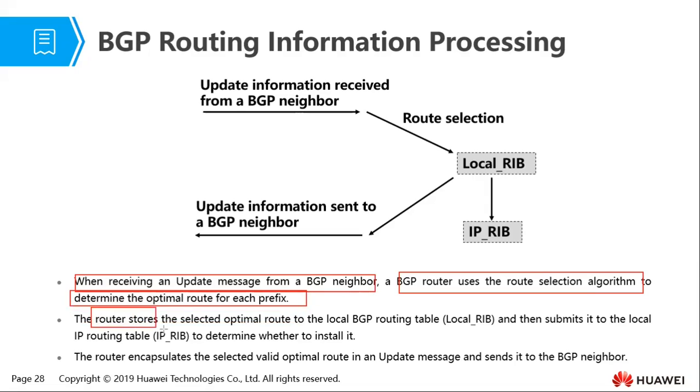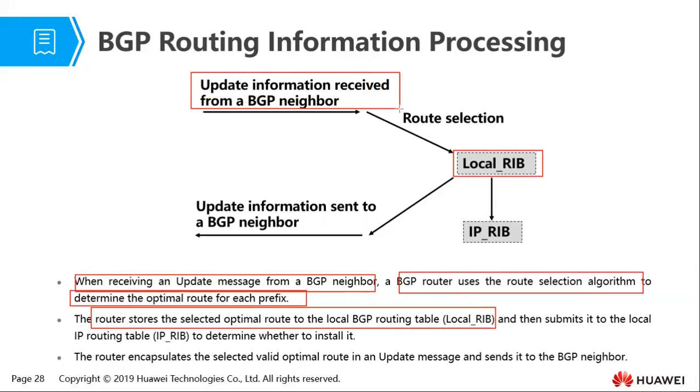Then the router stores the selected optimal route in the local BGP routing table, known as the local routing information base, local RIB. So update information is received from a BGP neighbor, then the optimal route is found and installed in the local RIB, then submitted to the local IP routing table, IP RIB.